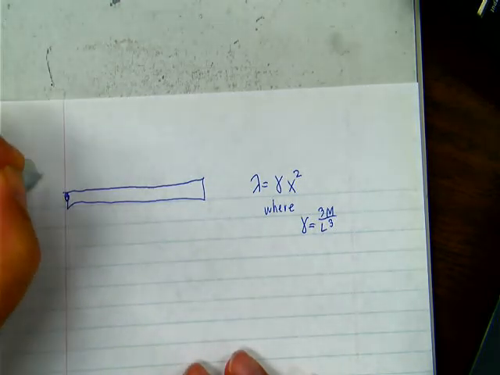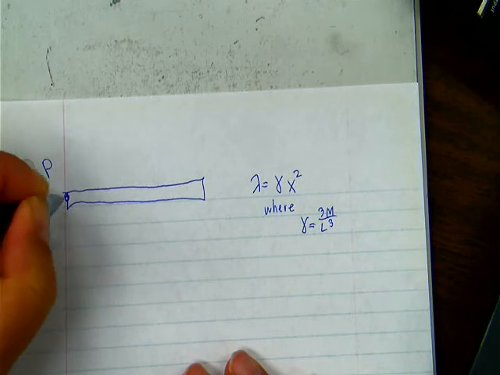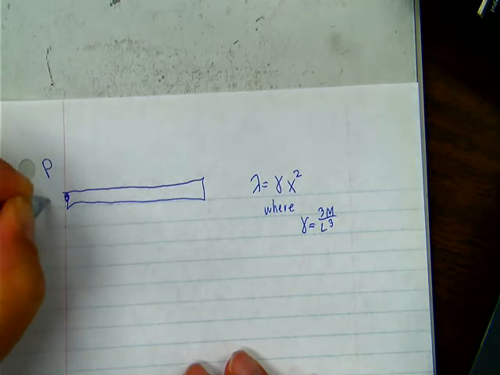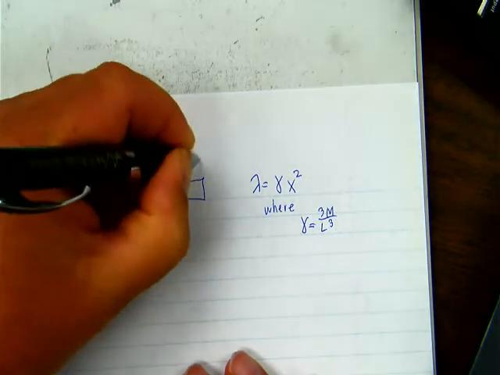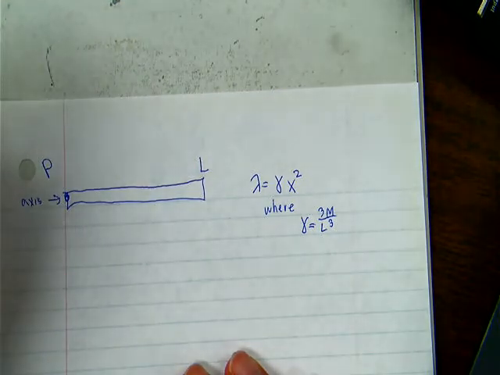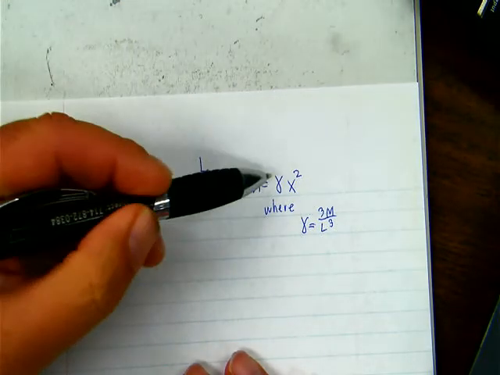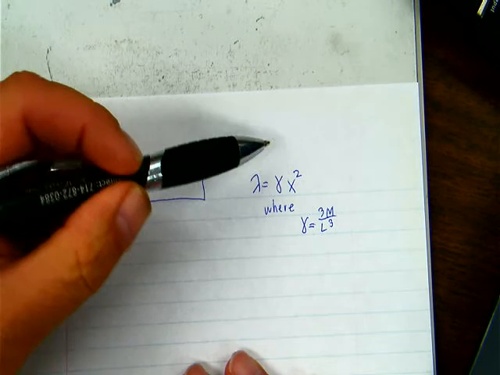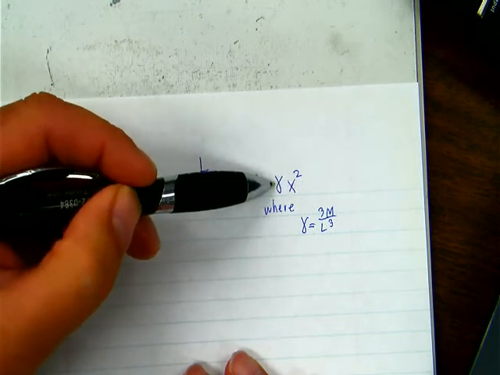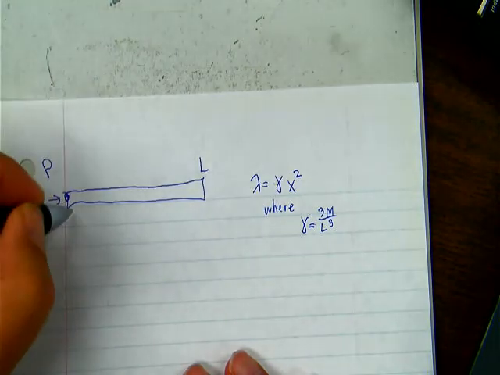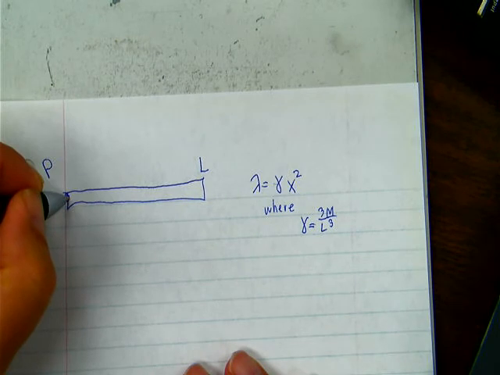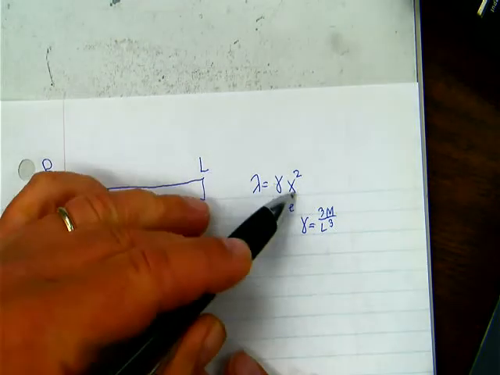And once again, we're going to put the axis of rotation on the left end of this rod. The rod has a length L. And what this says, strangely enough, is that when x is equal to 0, there is no mass here at the very tip. It's actually a value of 0.